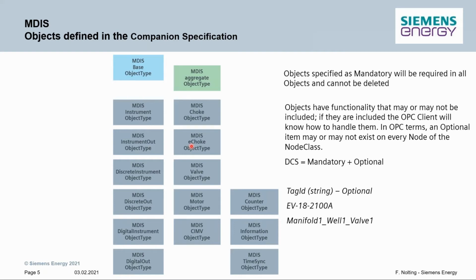For the DCS vendor, it can of course be different from the operator, but one of the things that is very key and very unique for us is what we call a tag ID, found in the base object in MDIS. The tag ID is a unique ID that helps us connect to the different objects.